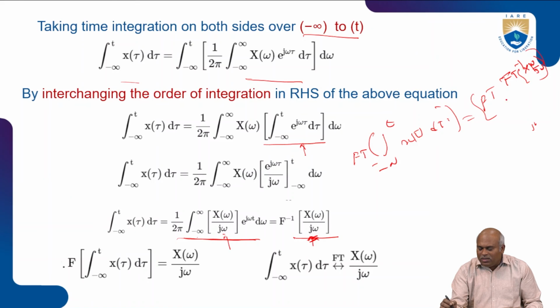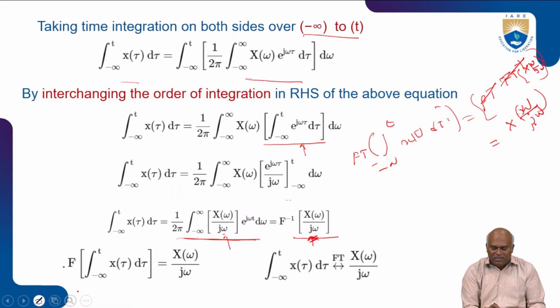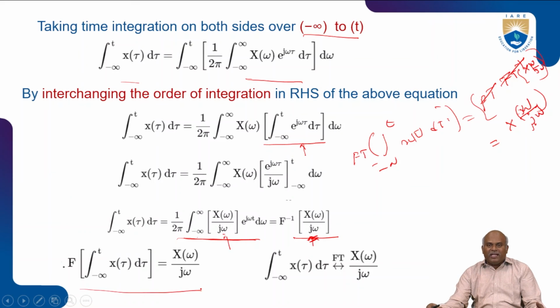The Fourier transform and inverse Fourier transform cancel. Finally, the Fourier transform of the integration of x of tau d tau is equal to capital X of omega divided by j omega.